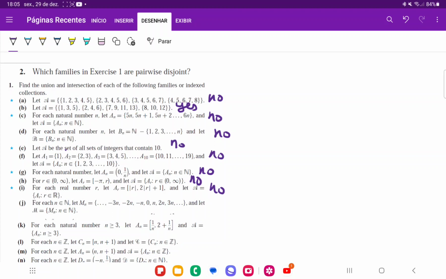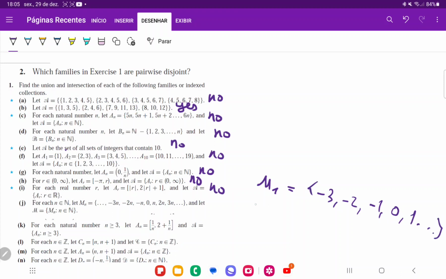For the next one, J, let's take a look at it. So if we have, say, M1, that's going to be -3, -2, -1, 0, 1, and so on.